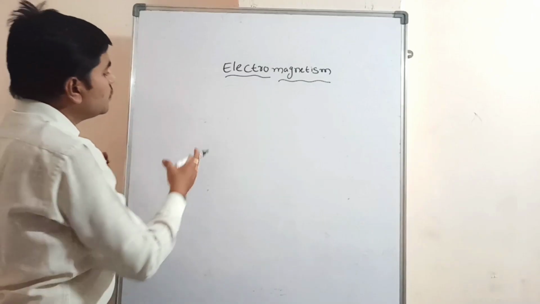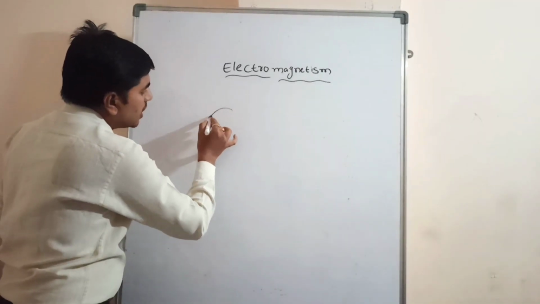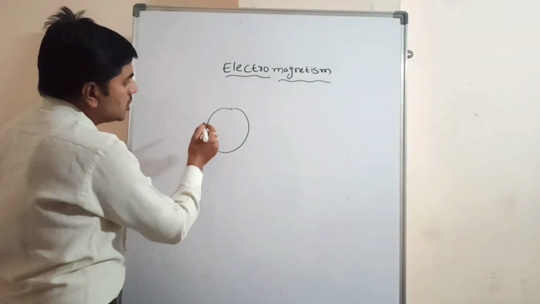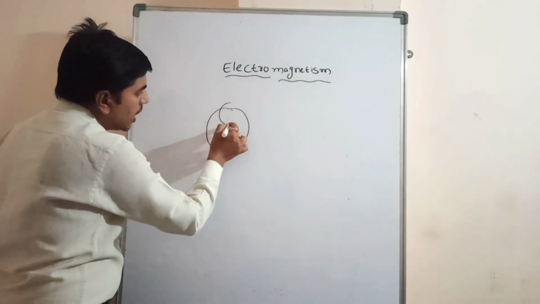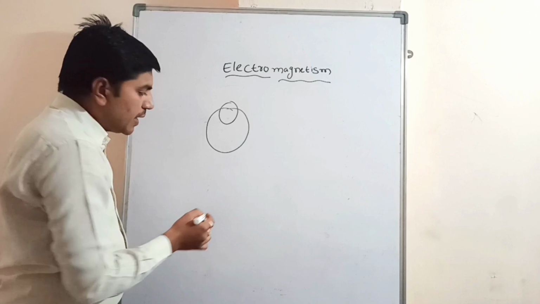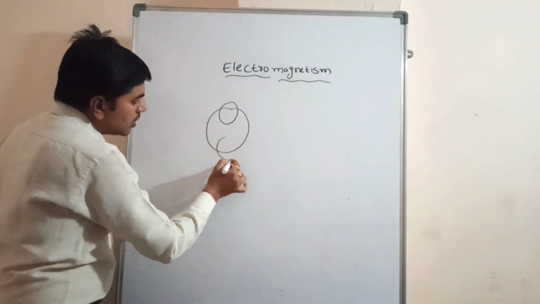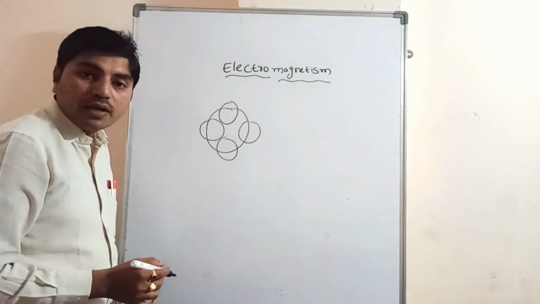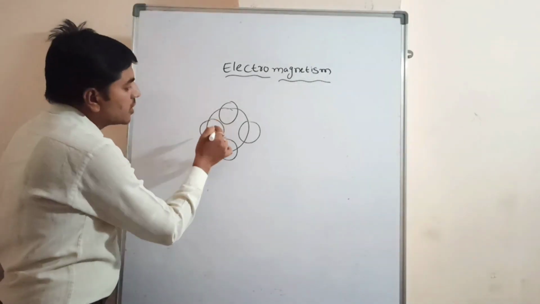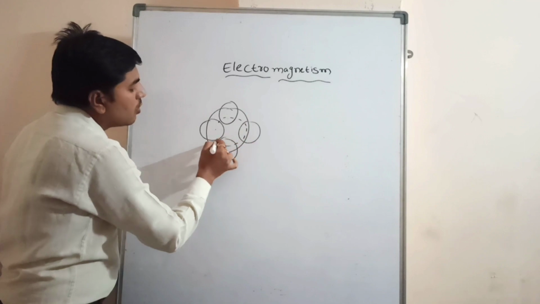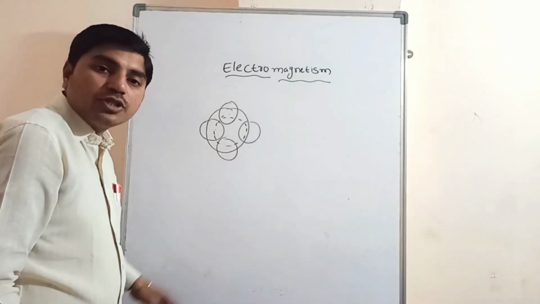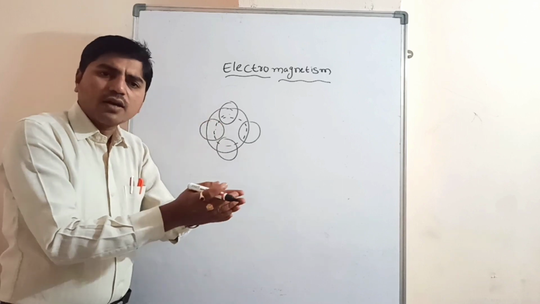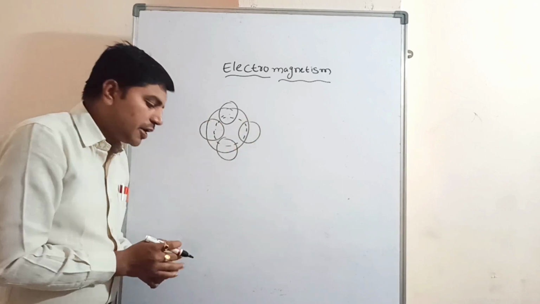For example, if you arrange any wire as a curved wire, simple logic: this area will have some magnetic field, and some other areas also, these are all different areas containing magnetic field around the conductor. Then the combination of all magnetic fields generates more magnetic field around it. It means less area will generate more magnetic field.